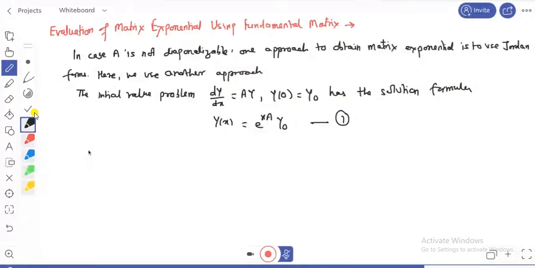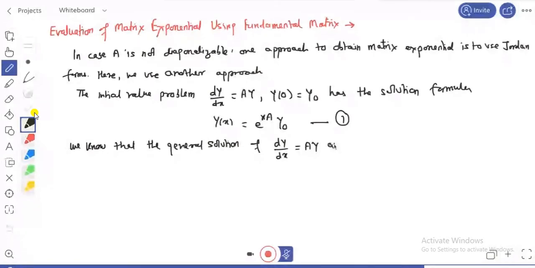So we know that the general solution of dy over dx equals A y has the following structure. This is your y(x).